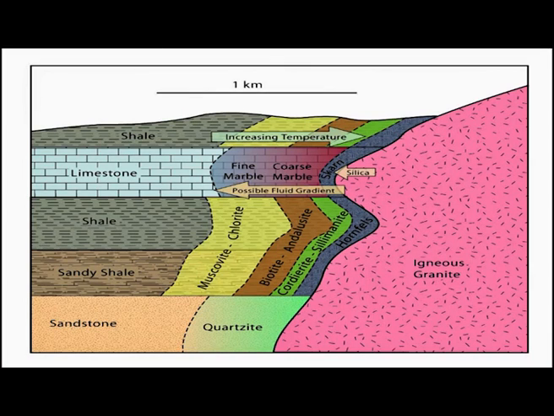The bulk composition also plays an important role during metamorphism, because if a limestone and an argillaceous rock are subjected to the same pressure and temperature, then marble and schist are formed, so composition also plays a very important role during metamorphism.